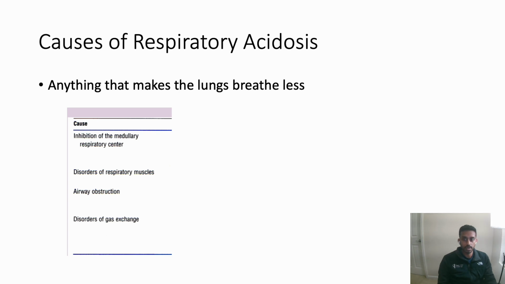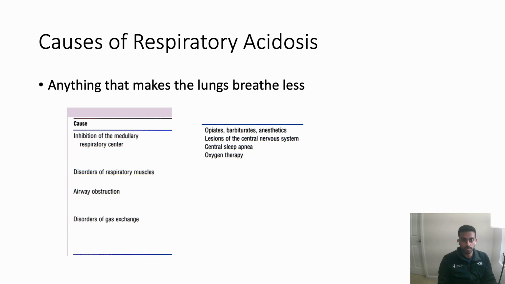So what causes respiratory acidosis? Simply put, it's anything that makes the lungs breathe less. We will review the causes. First, inhibition of the medullary respiratory center: opiates, barbiturates, anesthetics, lesions of the central nervous system, central sleep apnea, oxygen therapy.